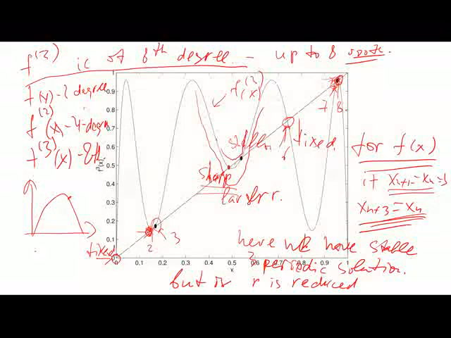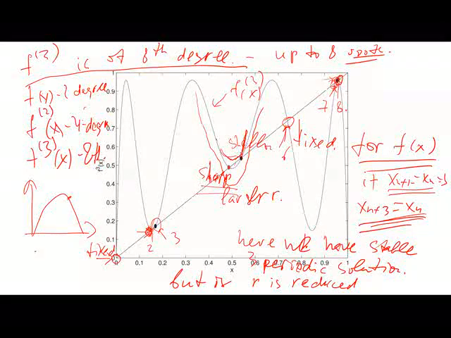But if R is reduced, then it will go like this. It will not touch here, it will not touch here, and it will not touch this diagonal line. And we will not have 3-periodic solutions. So 3-periodic solutions appear only when our function touches the diagonal line. If it's not touching, we don't have 3-periodic.